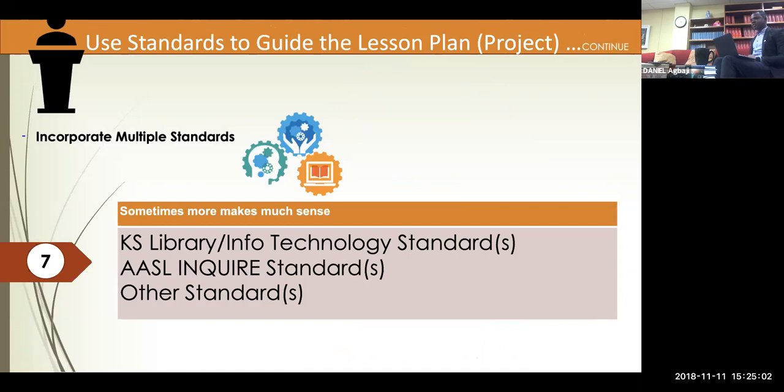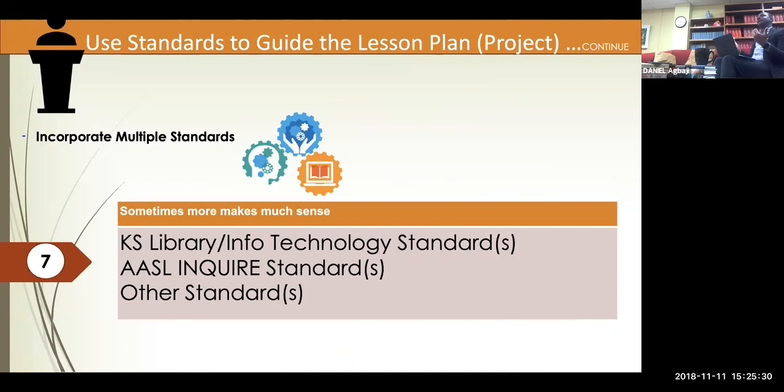Yeah, so you use standards to guide a lesson plan, as I've said. Sometimes when you're teaching certain topics or lessons using technology, it's quite important for you to use different standards. You can use multiple standards, like two standards. You can use the American Association of School Librarians standards and the KS standards together. But make sure that whatever performance skills or objective you're trying to assess is quite the same.